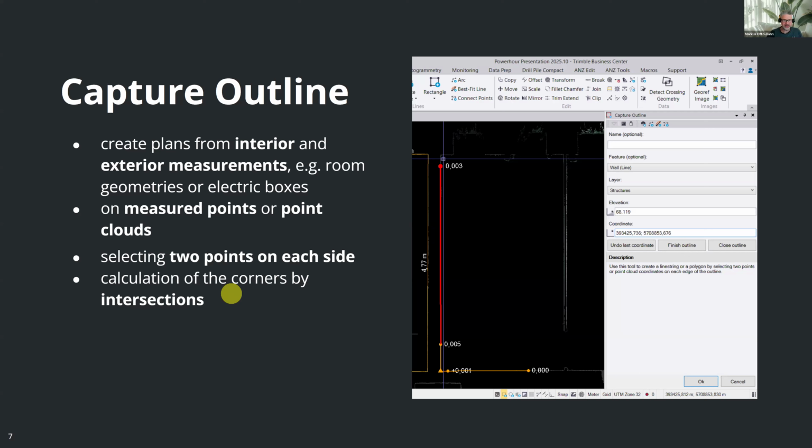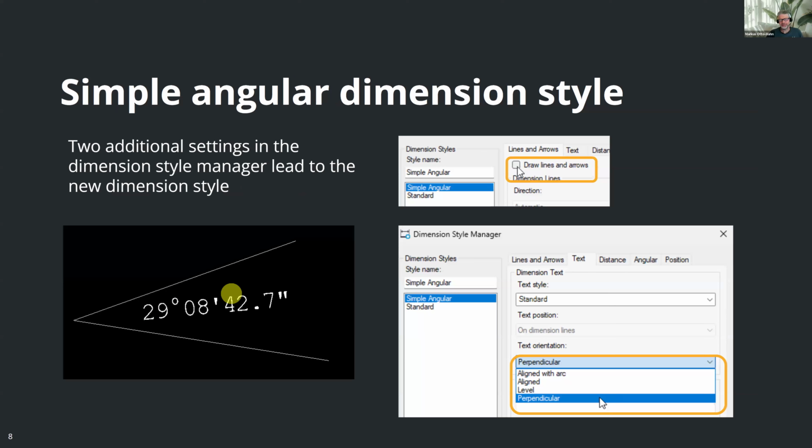Next one. Now we come into the label, text, and dimension area. The next one is called simple angular dimension style. We added two additional settings in the dimension style manager. Here you see the dimension style manager.